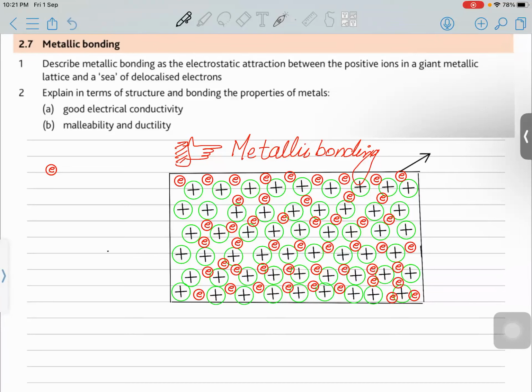So these are electrons from the valence shell of metal atoms. These electrons are delocalized. Yes, sir.